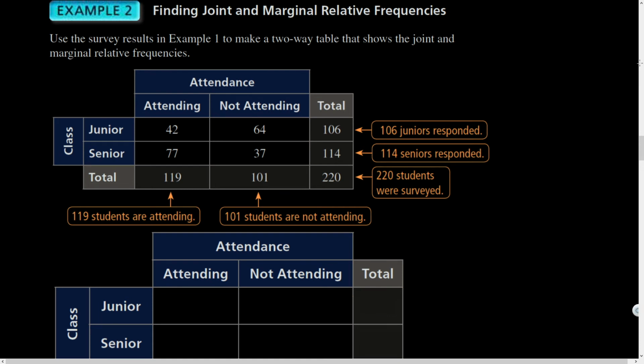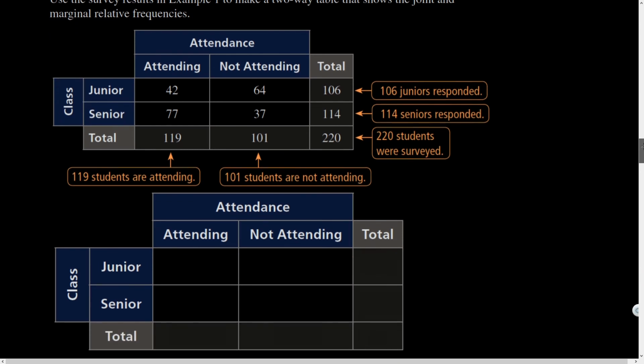And so, in order to do this, these, like I said, are going to behave like probabilities. And so for these joint frequencies, the denominator of the probabilities are all 220. So the total possible outcomes was 220 in all of these cases.